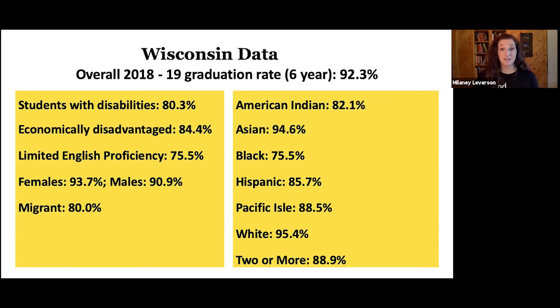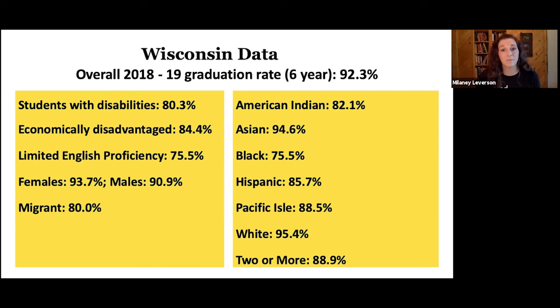Way to go, Wisconsin. However, when you dig deeper and disaggregate the data, I want you to look at how some of our student populations specifically are doing. So our students with disabilities, only 80% graduated. Only 75% of students who are English learners, 82% of students who are American Indian, and 76% of students who identify themselves as Black.